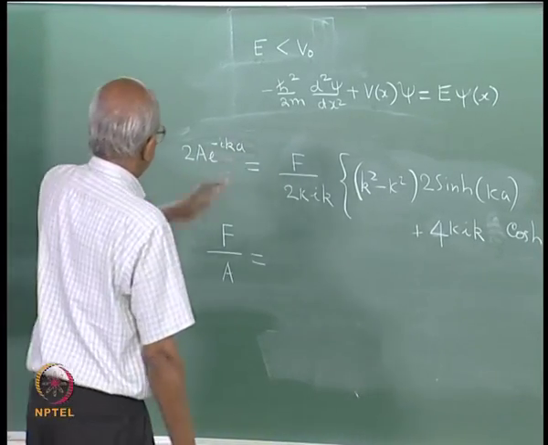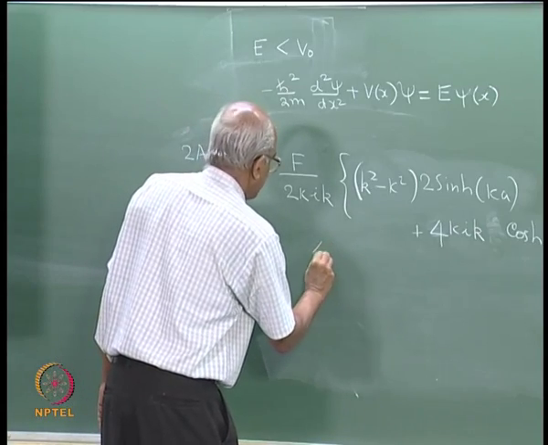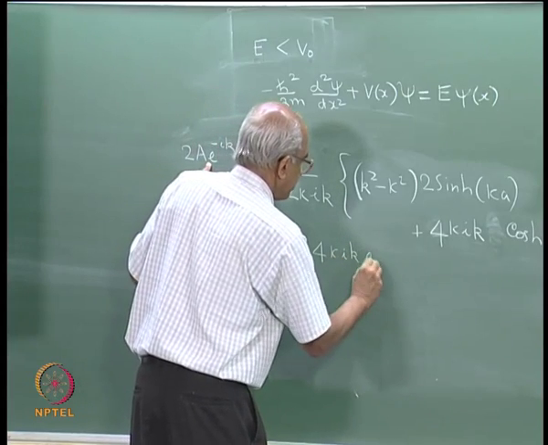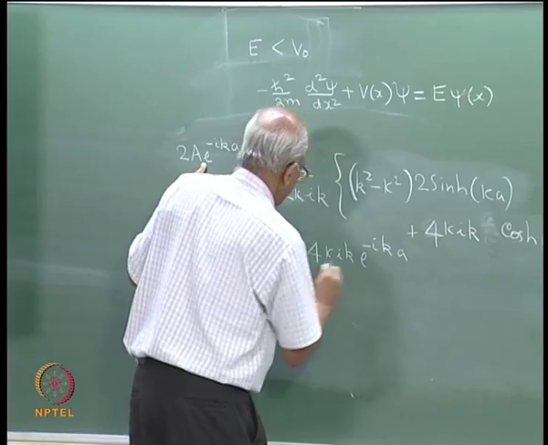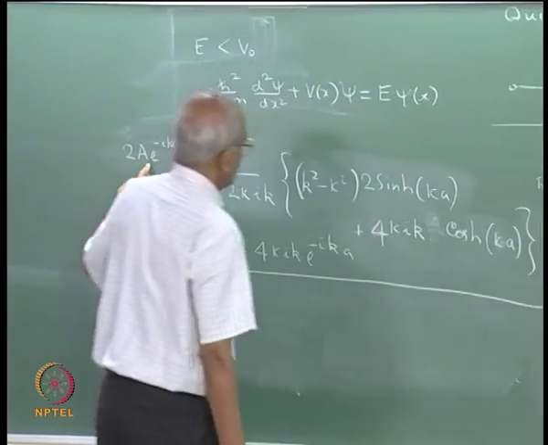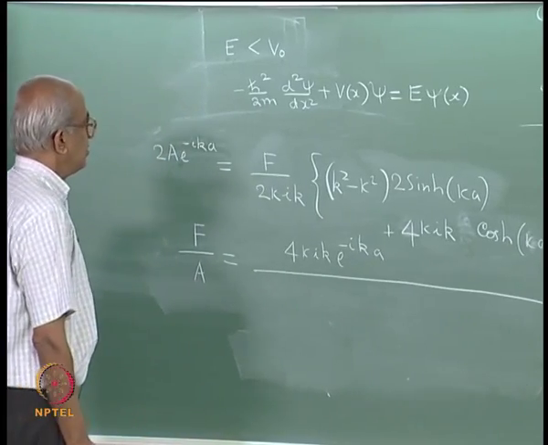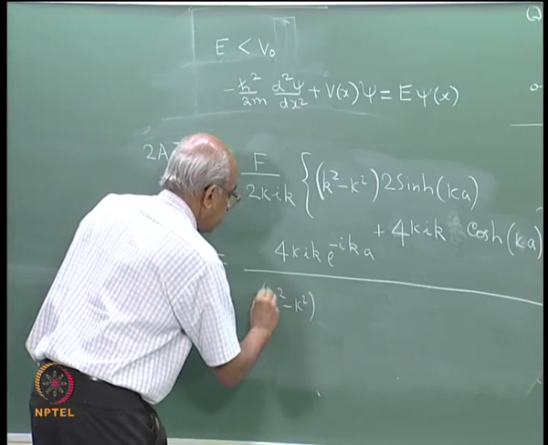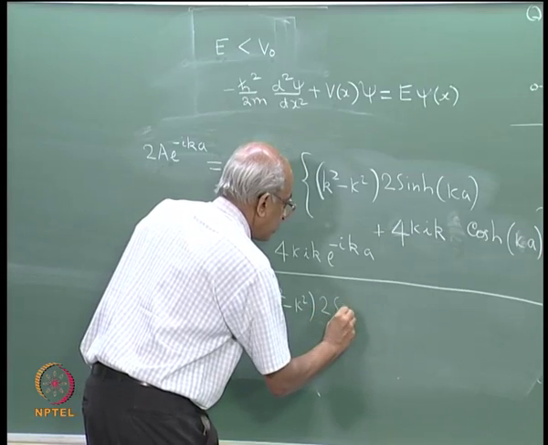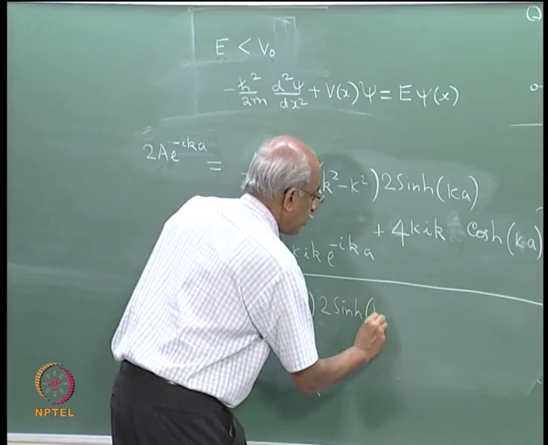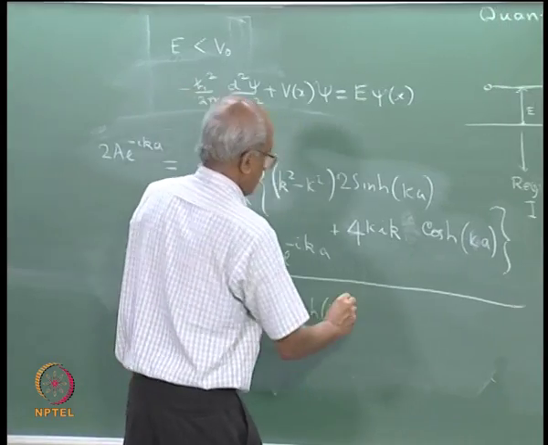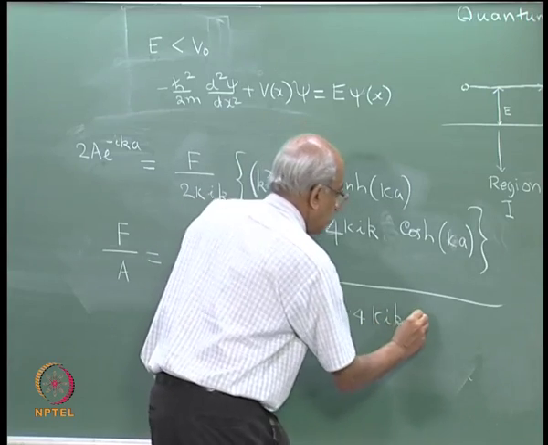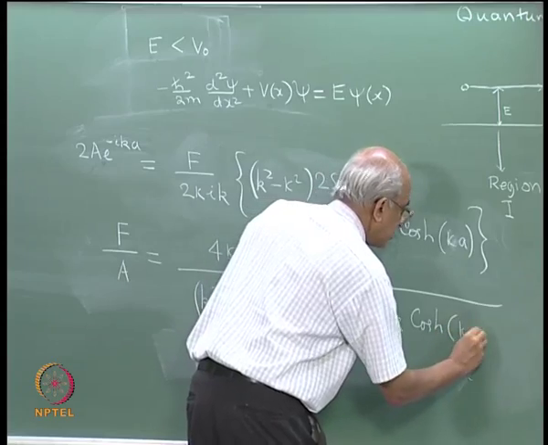So, f divided by a easily you can obtain, it is actually going to be 4 kappa ik into e to the power of minus ika divided by k square minus kappa square into 2 sinh kappa a plus 4 kappa ik cosh kappa a.